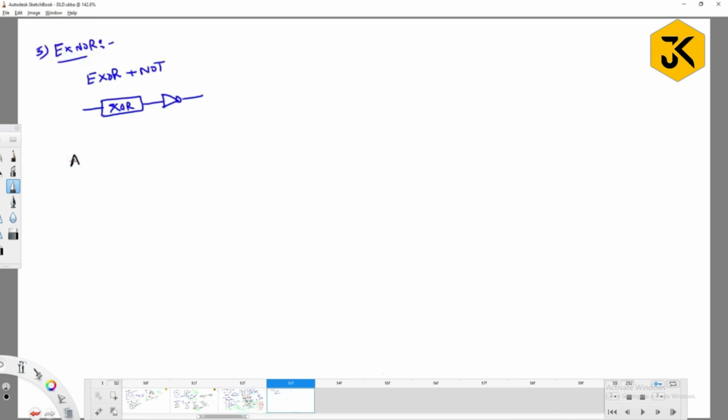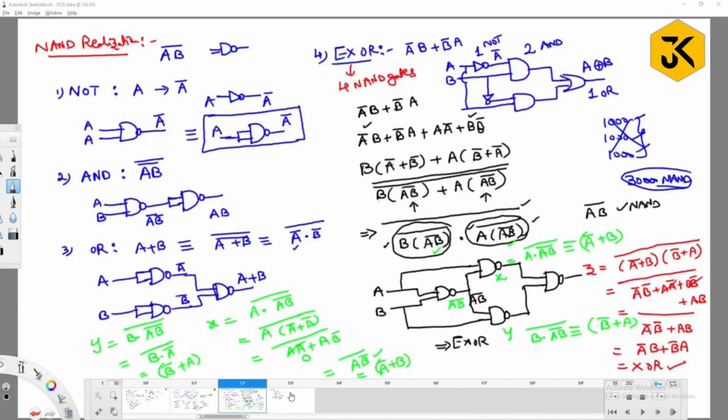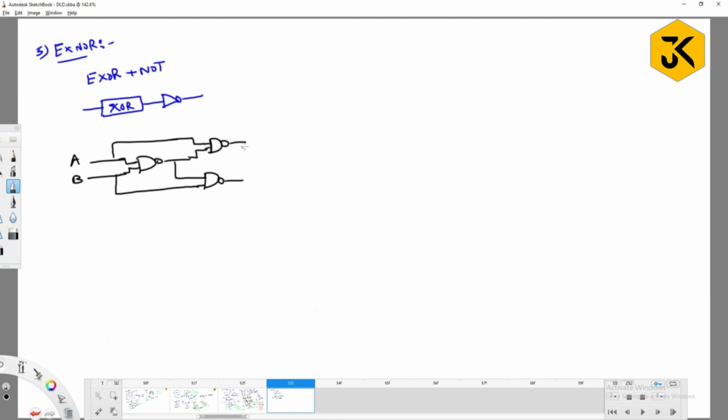I'll try to draw the structure the same as usual. A B. There may be a little bit of variation in the diagram representation, but the outcome is the same.